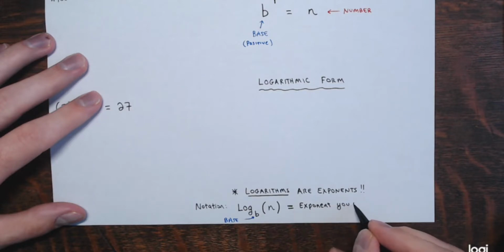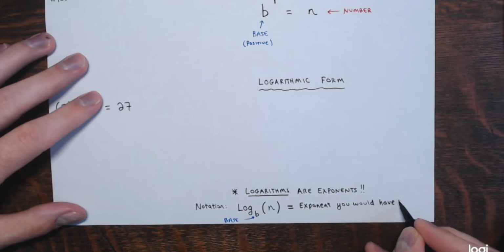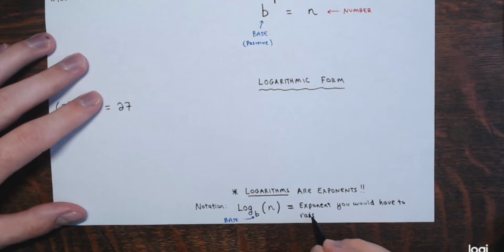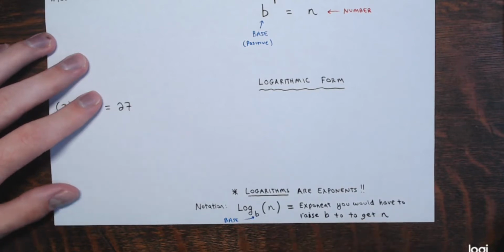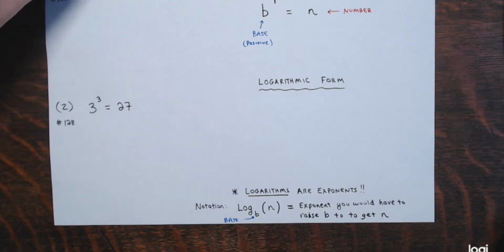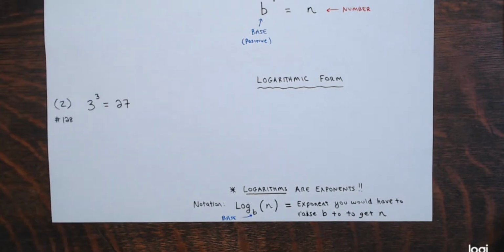The exponent you would have to raise little b, the base b here, to get the number inside. So this is important. This is the meaning of a logarithm.